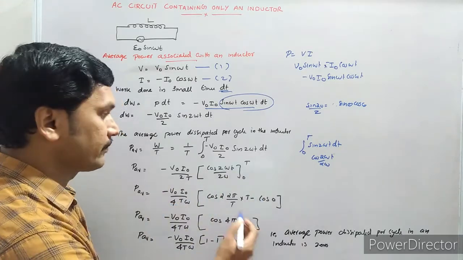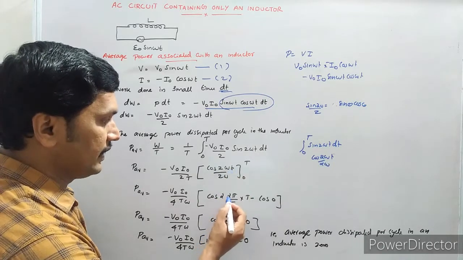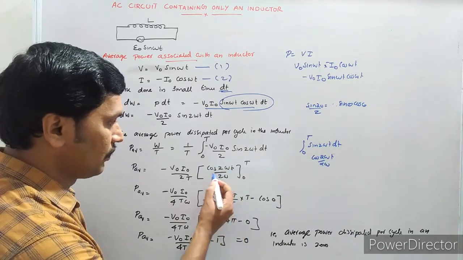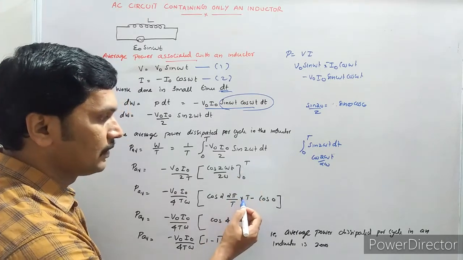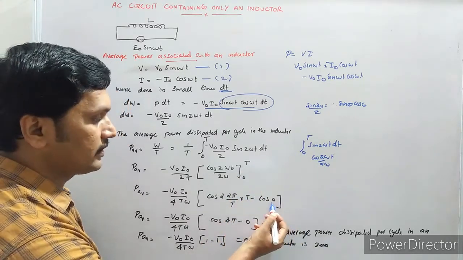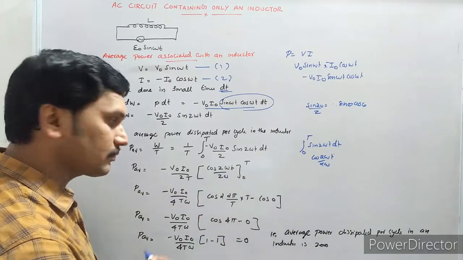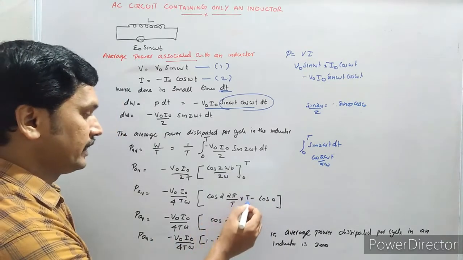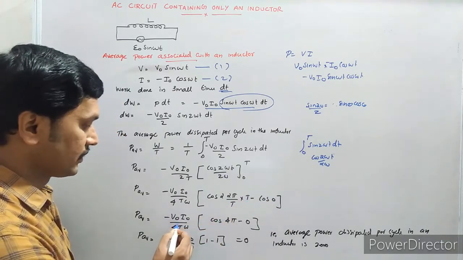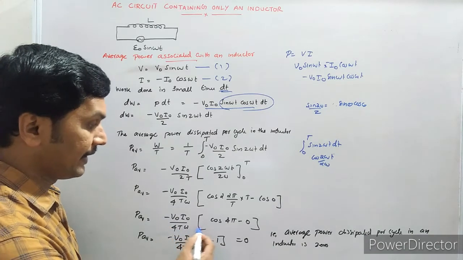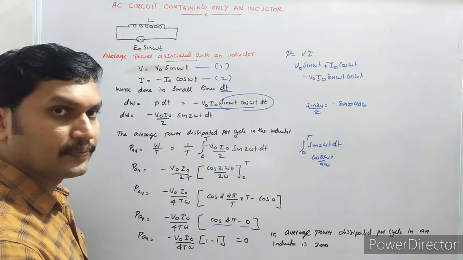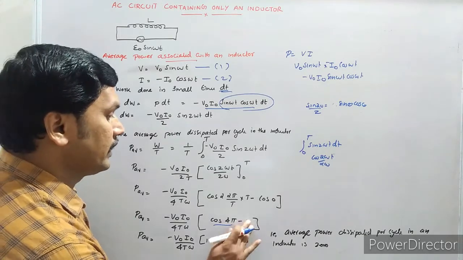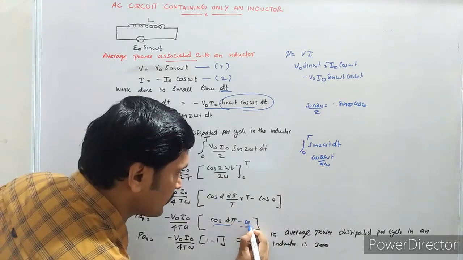Now we are applying the limits. Omega we can write as 2 pi by T. So cos of 2 into 2 pi by T into T, the upper limit, minus the lower limit, which is 0, so cos 0. T and T get cancelled. So minus V0 I0 by 4 T omega times cos 4 pi minus cos 0.